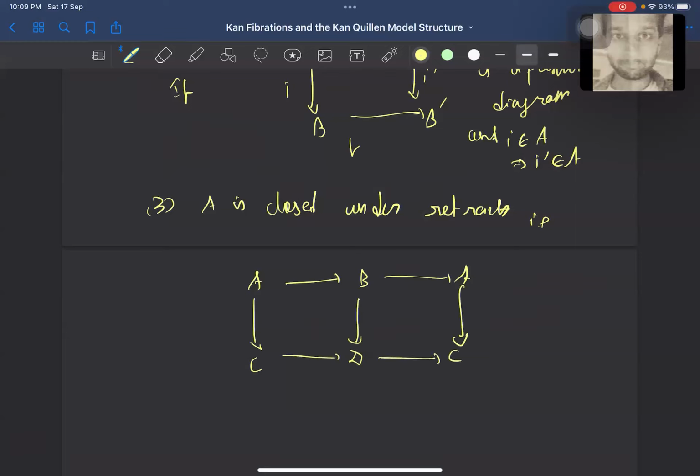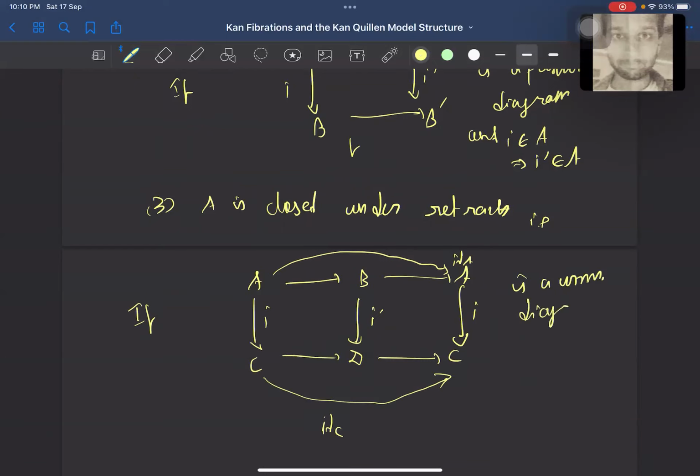So I have this diagram. This is identity and this is identity. If this is a commutative diagram and I dash is in A, that implies I is also.